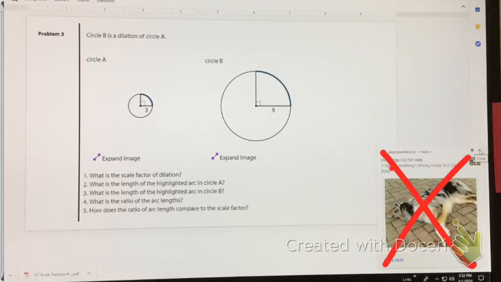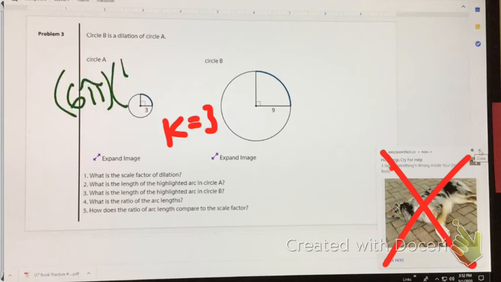All right, 3. Let's do this again. What's the scale factor dilation from 3 to 9? That k value right there is 3. Okay, 3 times 3 is 9. So that, real quick, is 3. What's the length of the highlighted arc? Well, the circumference is going to be 6 pi, because that's pi times the diameter, and it's still 1/4.